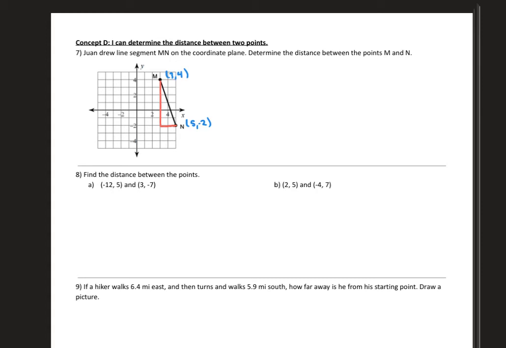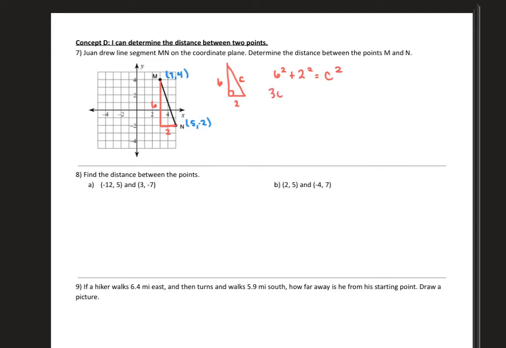So looking at this bottom leg, there's 2 boxes, so that's 2. And then this side leg here, we have 1, 2, 3, 4, 5, 6. So now I have my triangle. This is 2 and this is 6, and we are solving for our hypotenuse, which we can call C. It's going to be 6 squared plus 2 squared equals C squared.